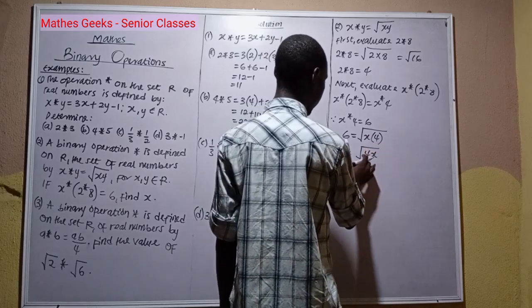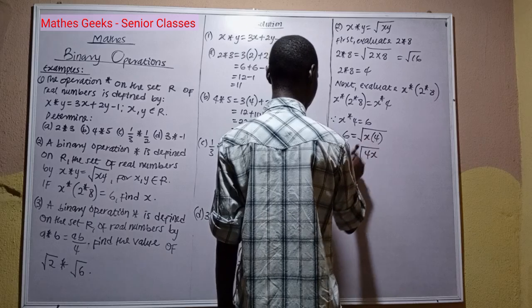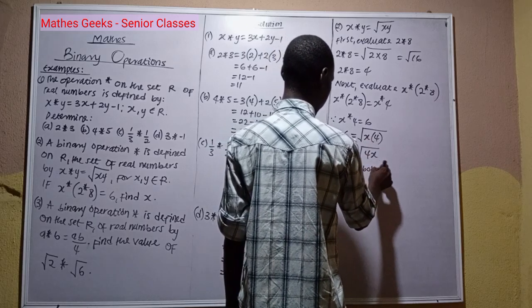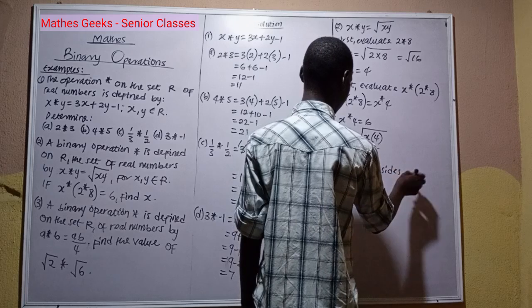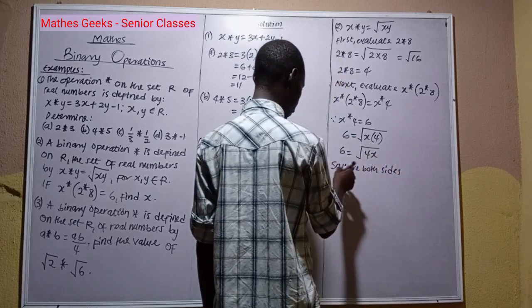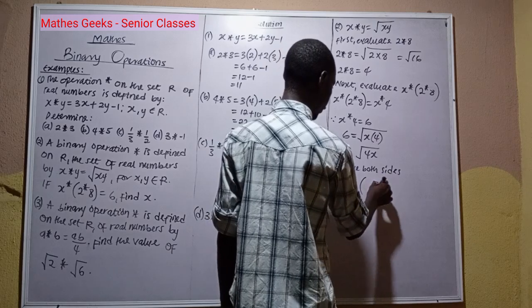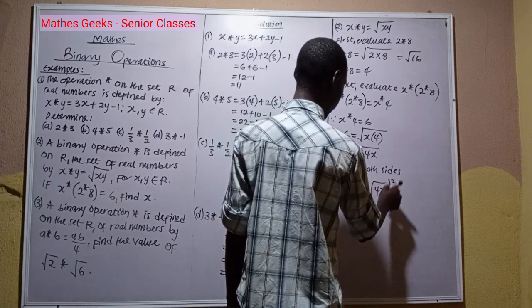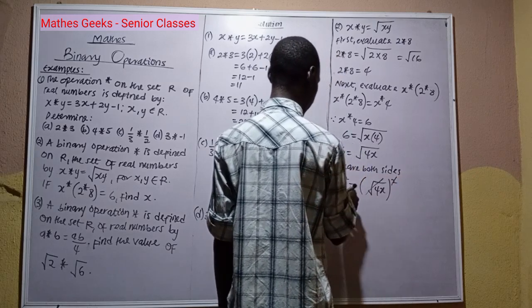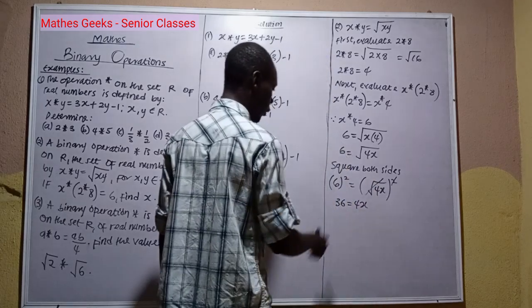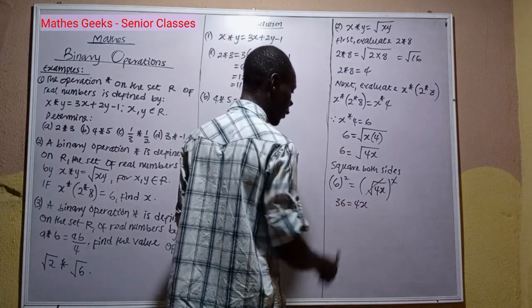In order to eliminate the square root sign, we square both sides. So 6 squared is equal to root 4x squared, which gives us 36 equal to 4x. To get the value of x, we need to divide both sides by 4.